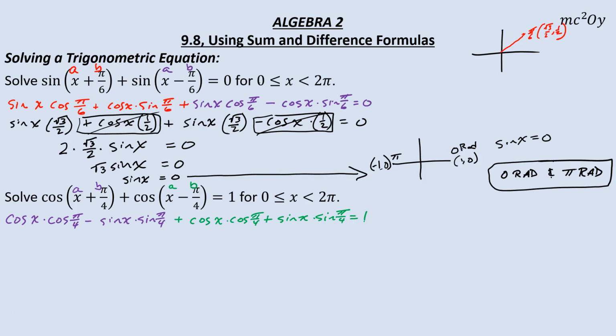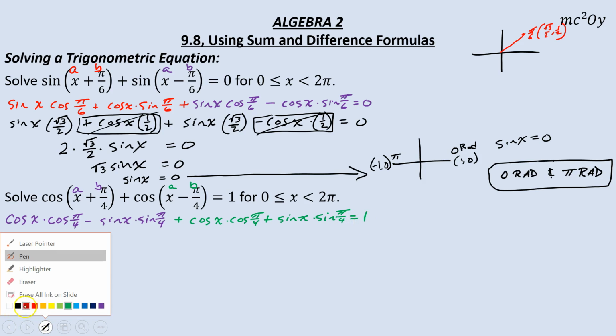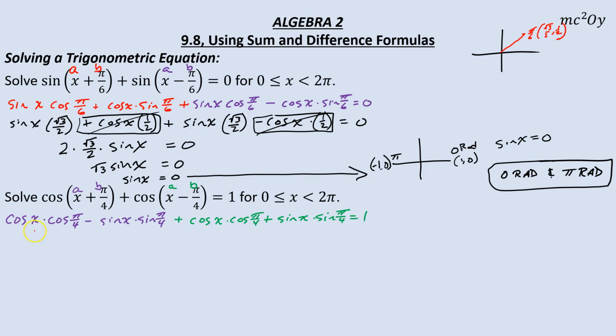Okay, so looking at this, if I'm starting to simplify here, we'll go cos of x, and then cos pi over 4 is root 2 over 2 minus sine of x. Okay, and sine of pi over 4 is also root 2 over 2 plus cos x, and cos pi over 4 root 2 over 2, and sine x.